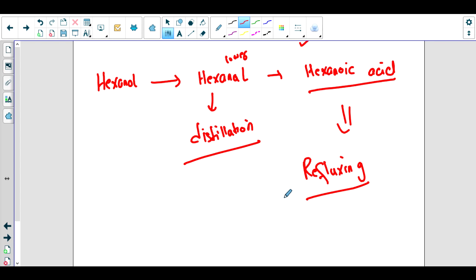The aldehyde wants to leave, but the apparatus is doing condensation, so it goes back into the material. This technique is called refluxing. So you can take both products out, aldehyde and carboxylic acid. This is the reaction for primary alcohol.